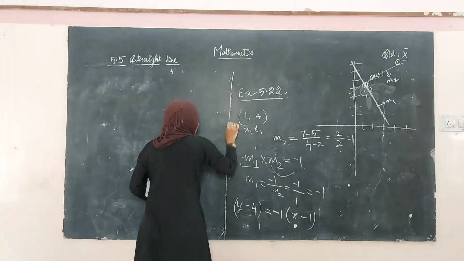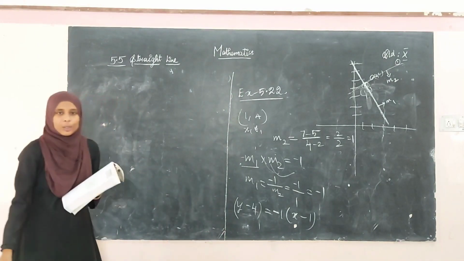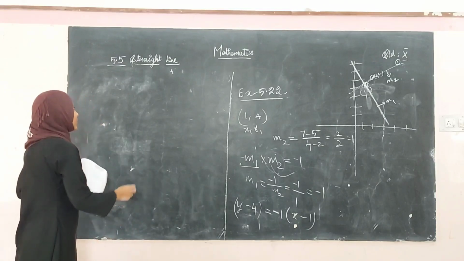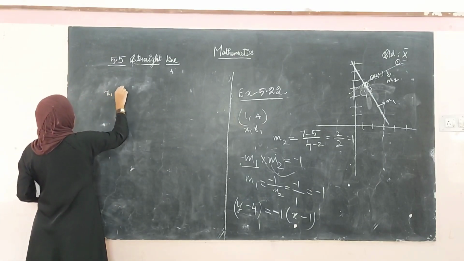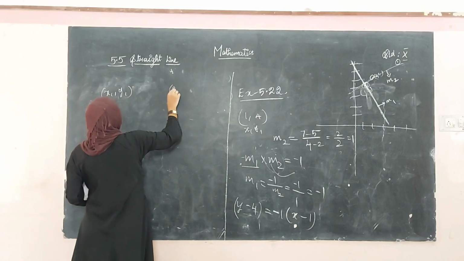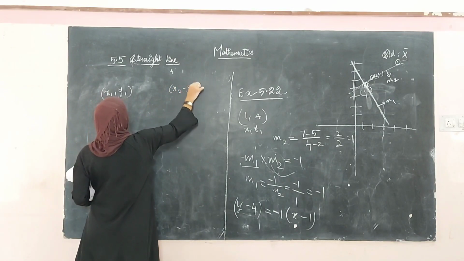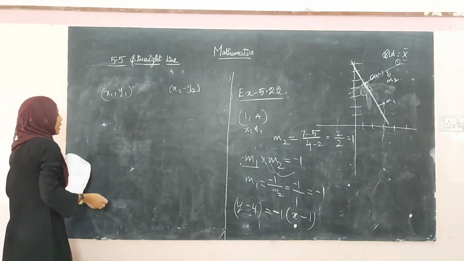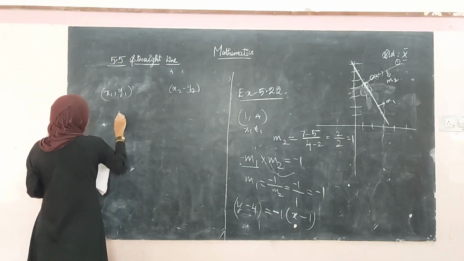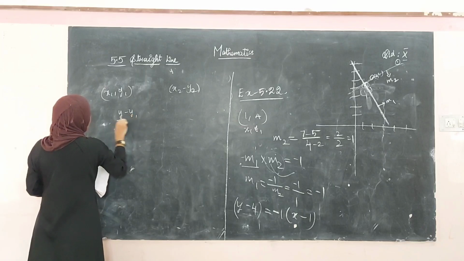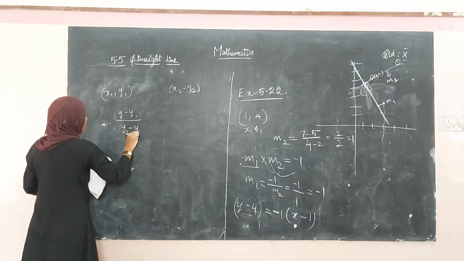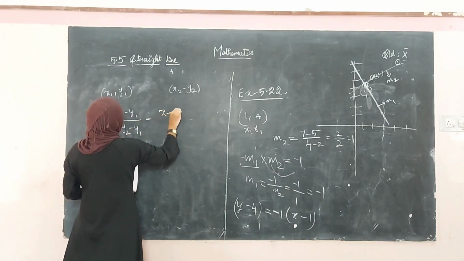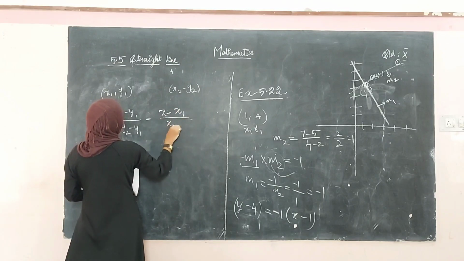Now if they ask you to find the equation of the straight line through x1, y1 and x2, y2, the formula you can use is y minus y1 divided by y2 minus y1 equal to x minus x1 divided by x2 minus x1.